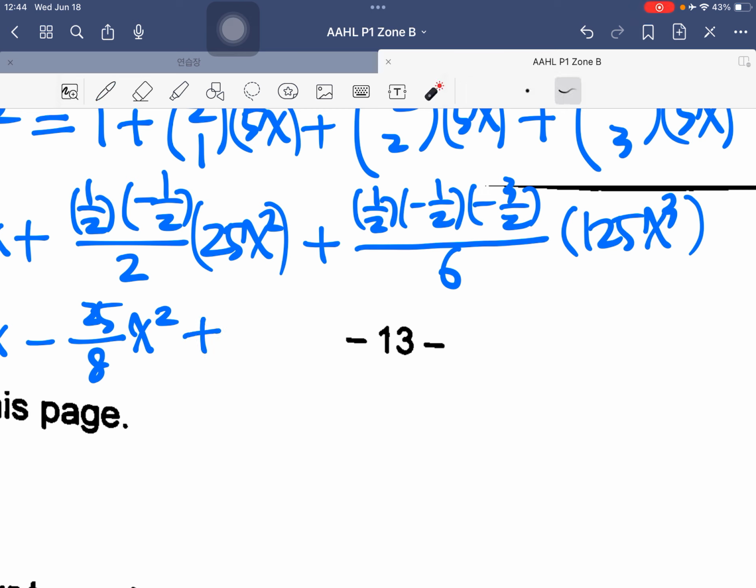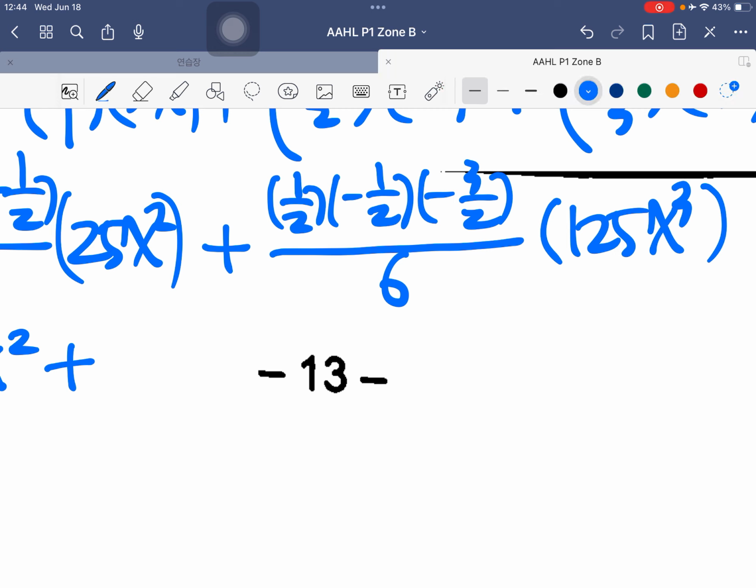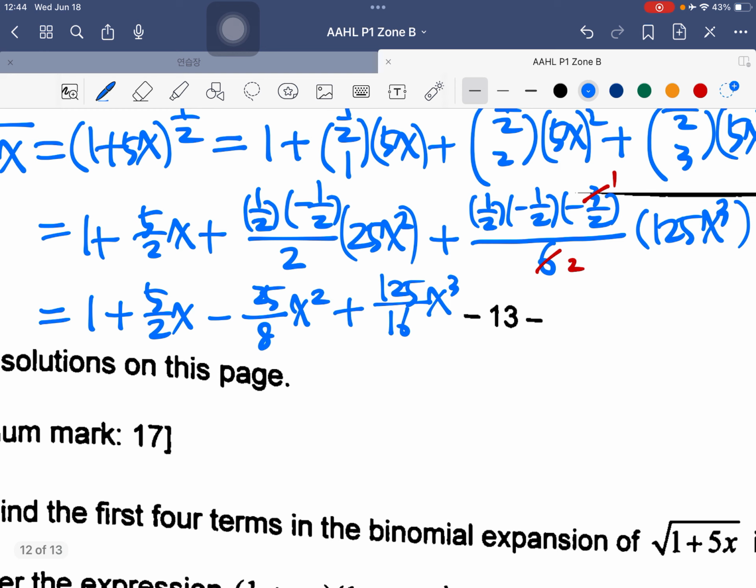And then we have 6. So 2 goes, we have four 2's, which is 16 on the bottom and 125 on top, x to the third power. So this is going to be the answer.